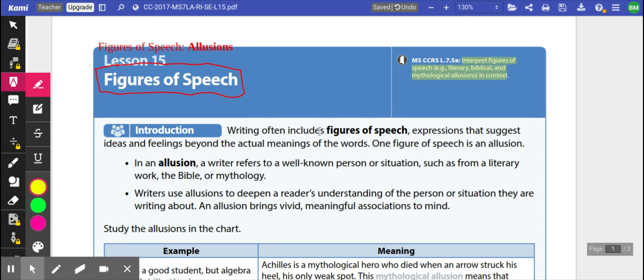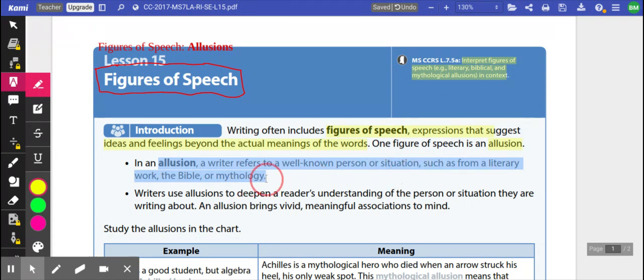It says writing often includes figures of speech, which are expressions that suggest ideas beyond the actual meanings of the words. And we call that allusion.